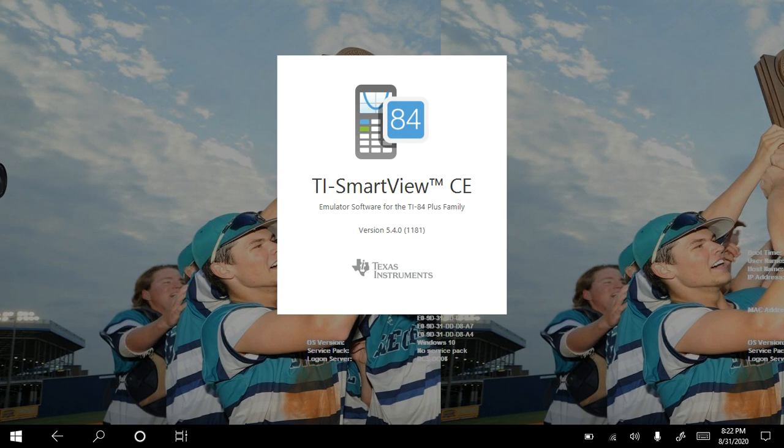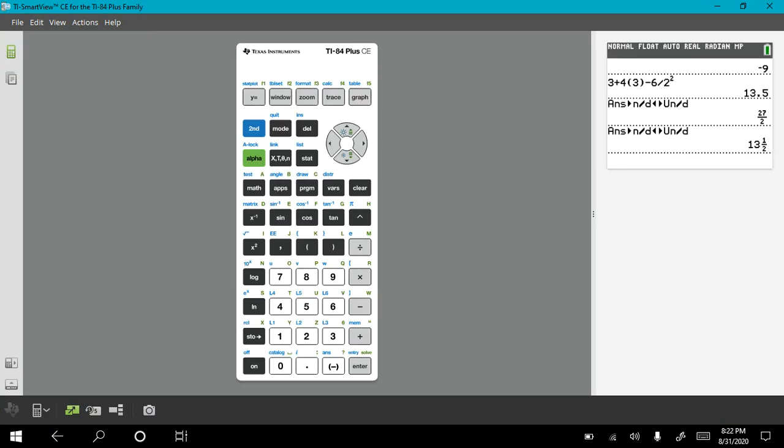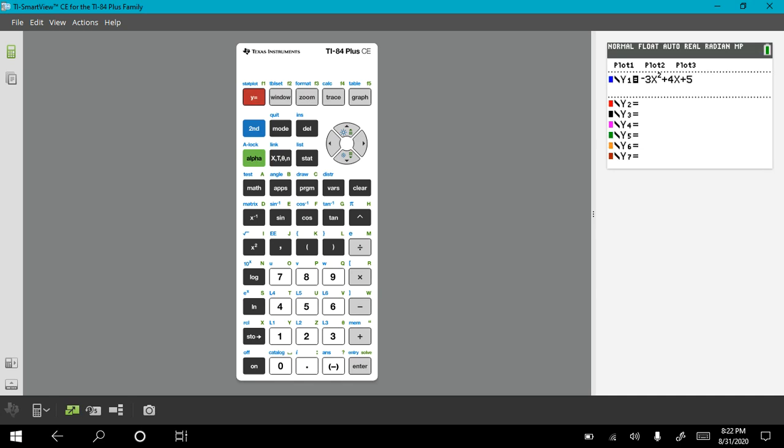And I'm going to type that into the calculator in the graphing part. So we're going to look at the graph. Let me clear this out. And let me see if I can remember what that was. I believe I've got it here in the book.